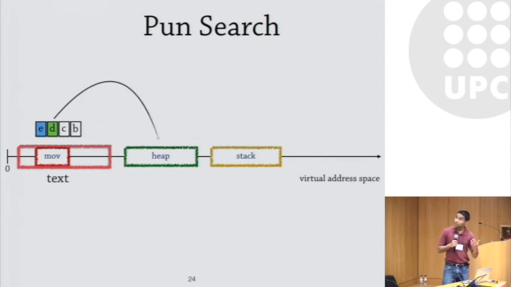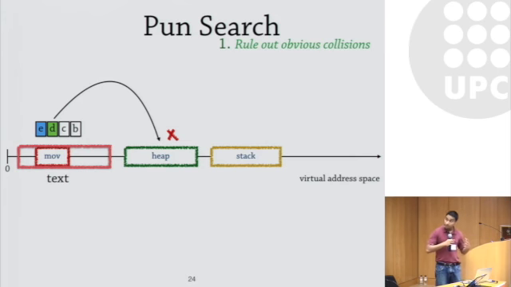So let's say the page that it gives is unfortunately somewhere inside the already allocated heap. So if we try to map here, it would obviously fail. So what we do is keep a rough estimate of where the heap, stack, and the text are, and try to rule out these kind of obvious collisions even before trying to map.